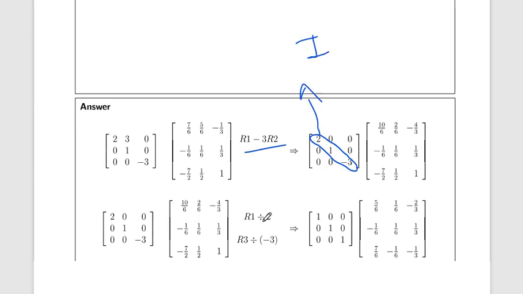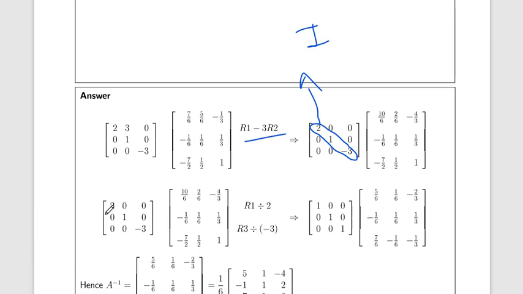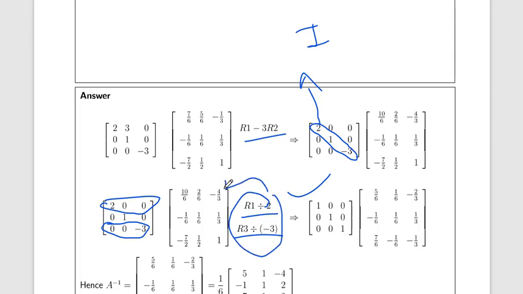This becomes easy if we divide the first row by 2 and the whole third row by 3, so we will get the identity matrix. Also this operation we have to apply in the second matrix and this will give us the inverse.